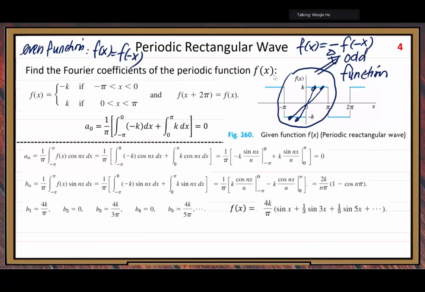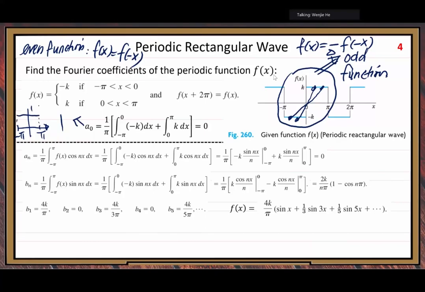Because a0 corresponds to basis function 1, right? That's the coefficient of function 1. Is function 1 an even function? Yes, if you draw it from negative pi to pi, function 1 equals 1.